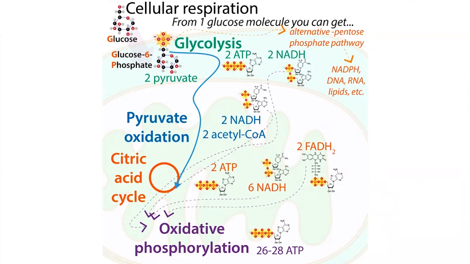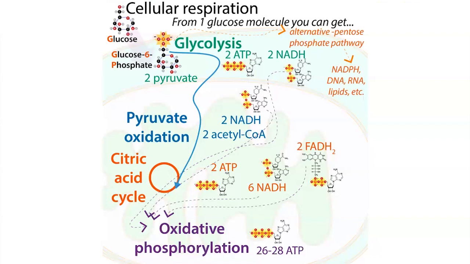What did we learn about in our last lesson? Glycogen synthesis. Yes, glycogen synthesis. We'll review that in a minute. And what was the third option that we could have? Exactly, the pentose phosphate pathway.